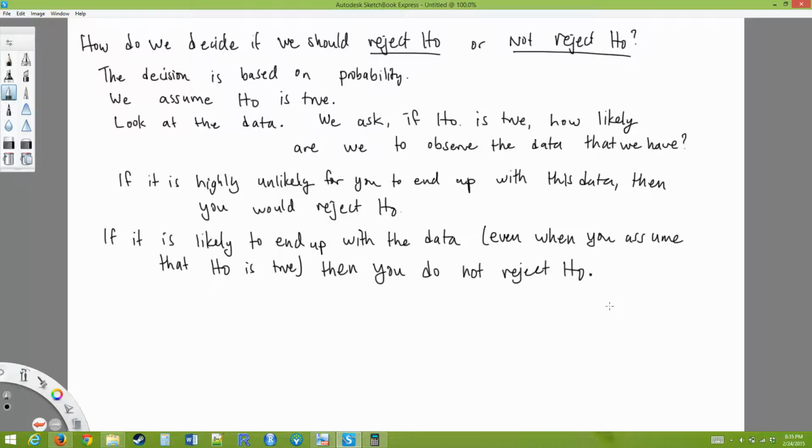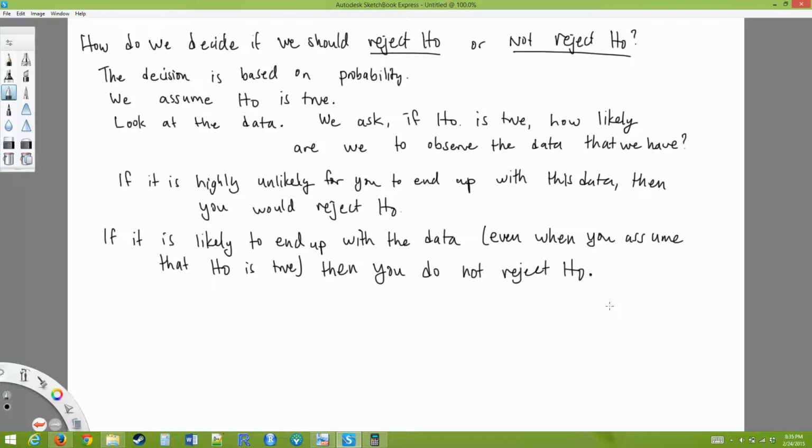On the other hand, if it's incredibly unlikely for the evidence to appear if we were assuming him to be innocent, then you would say, well, I cannot accept that this just happened by random coincidence, and you conclude that the guy is guilty.